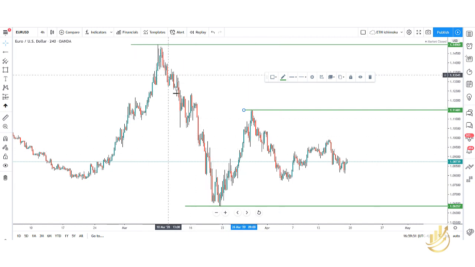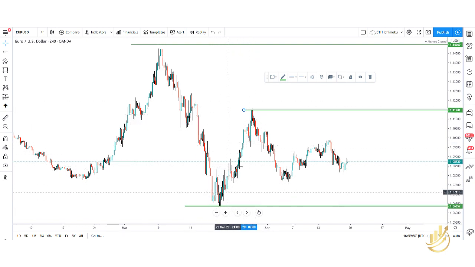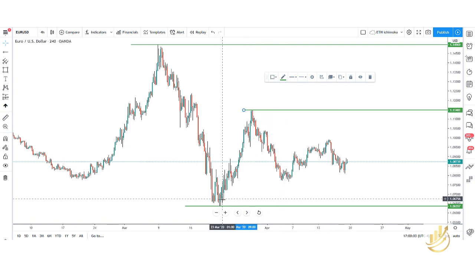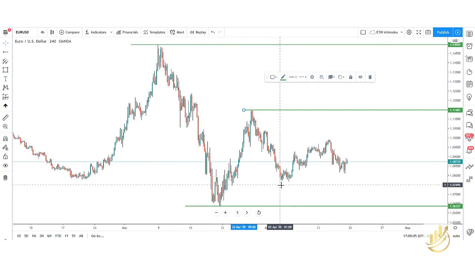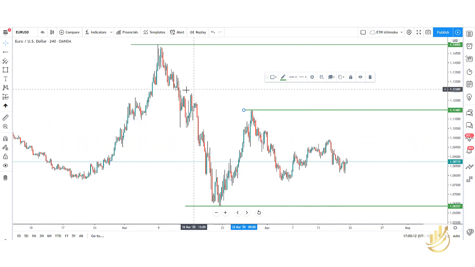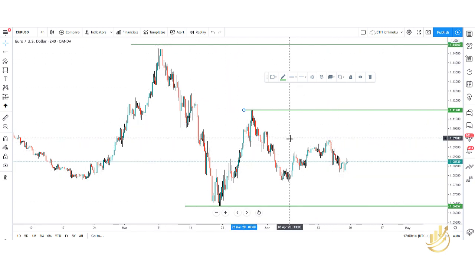We have an impulse move towards the downside, then a correction towards the upside, then another down move, but it did not break the previous low. Now it is trying to make higher highs, then a couple of lows. We have to carefully look at what price is doing in this area.